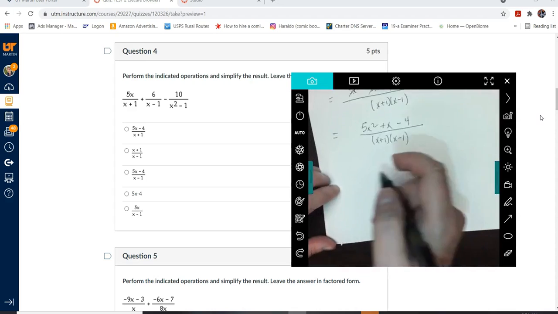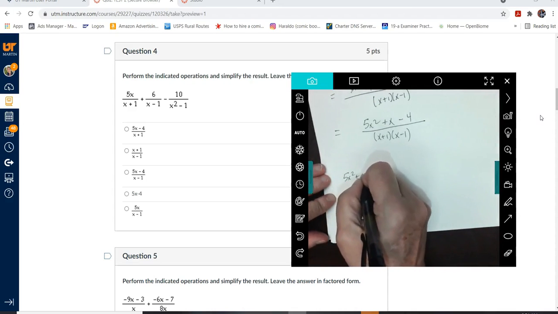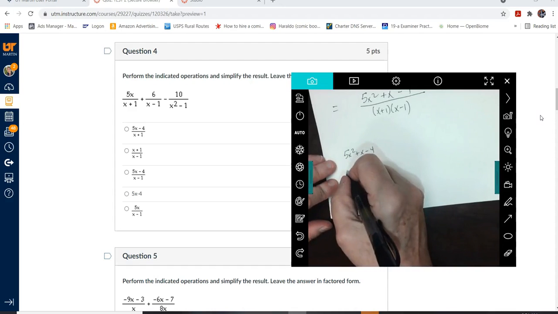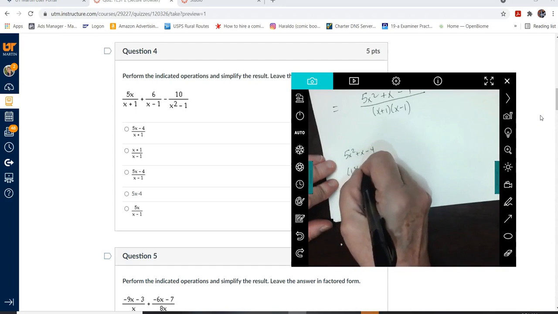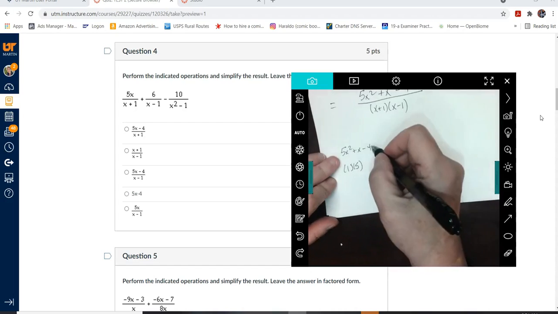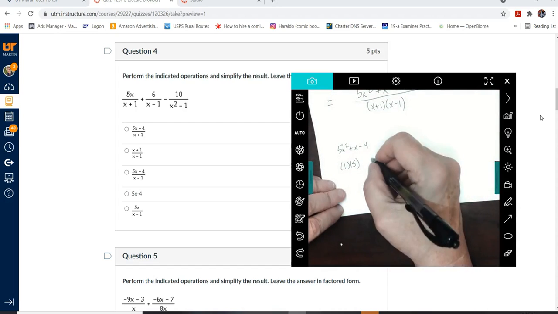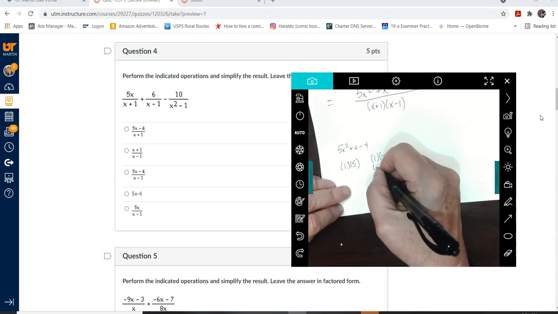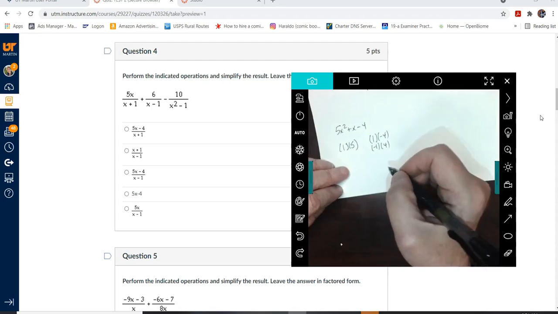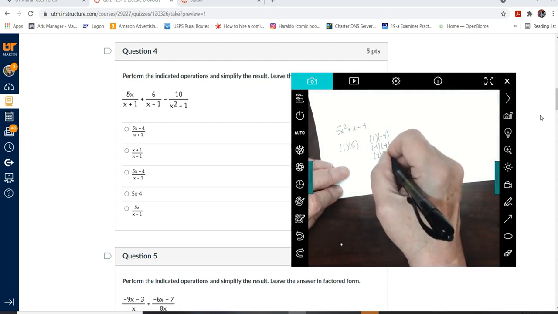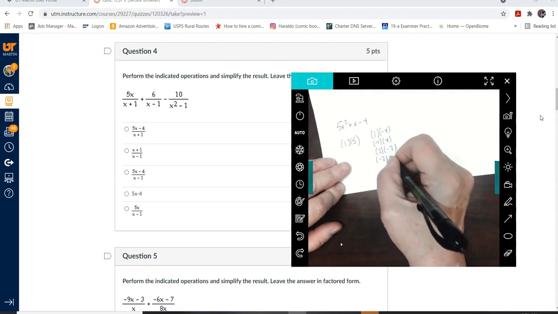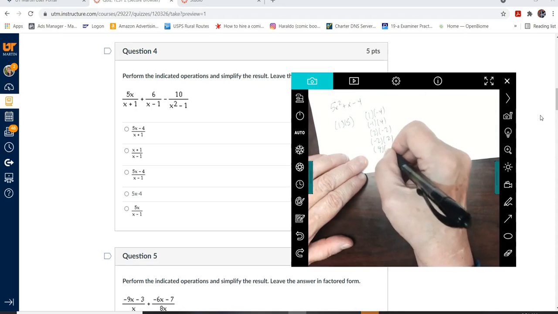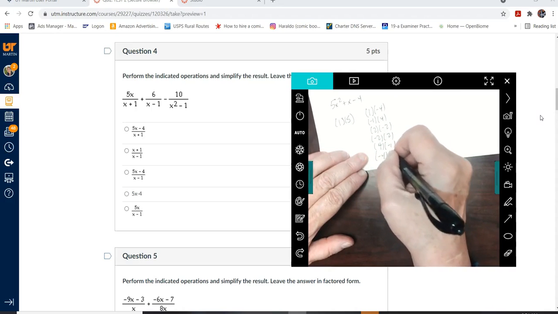Okay, now how do I factor that? Well, for 5 I've got 1 and 5, and that's it. What could I have for 4? For negative 4, I could have 1 and negative 4, negative 1 and 4. I could have 2 and negative 2, or in that order, or I could have 4 and negative 1, or negative 4 and positive 1.